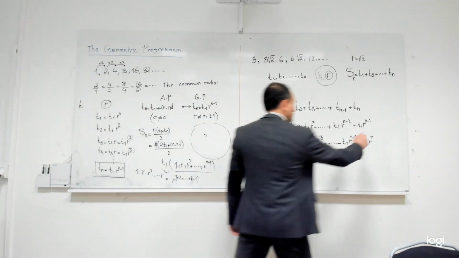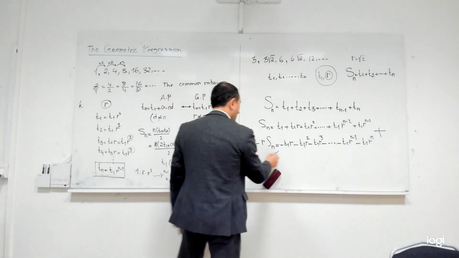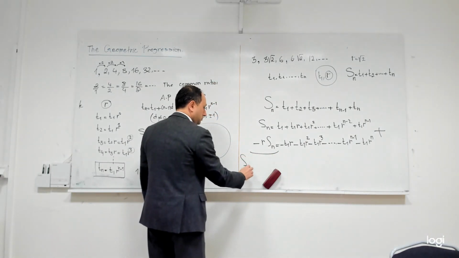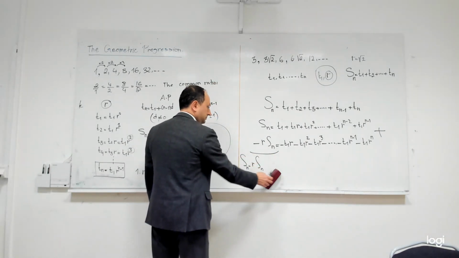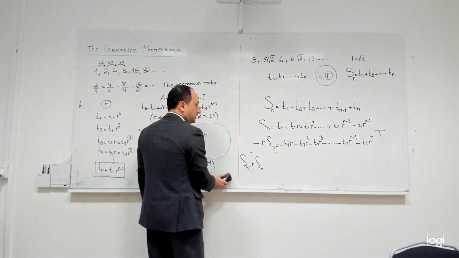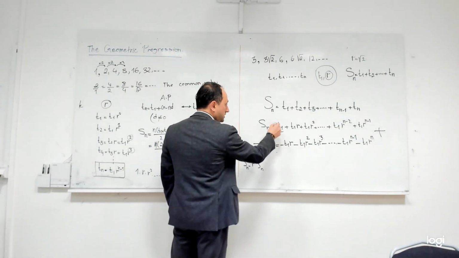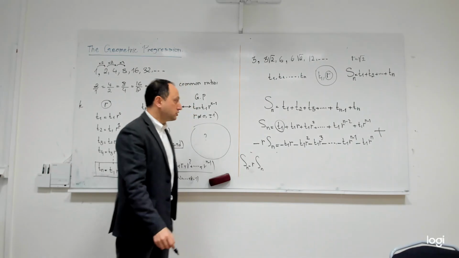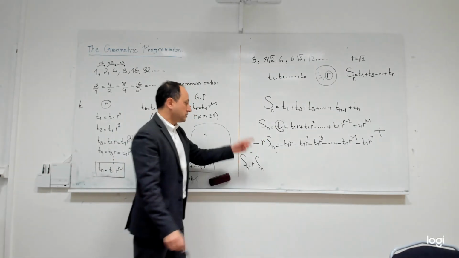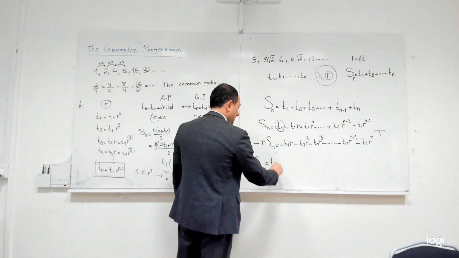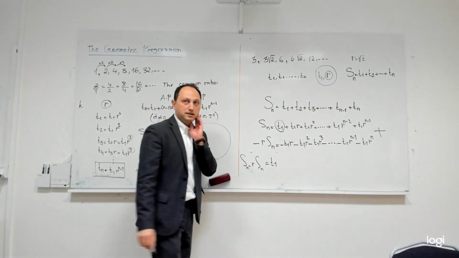If I add these two, the left-hand side becomes Sn minus r Sn. But the right-hand side, what will happen? This will survive, yes? There are no terms cancelling this one. So T1 will be left. But every other term will cancel out, yes?